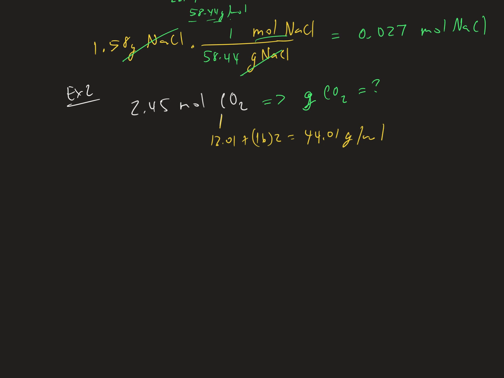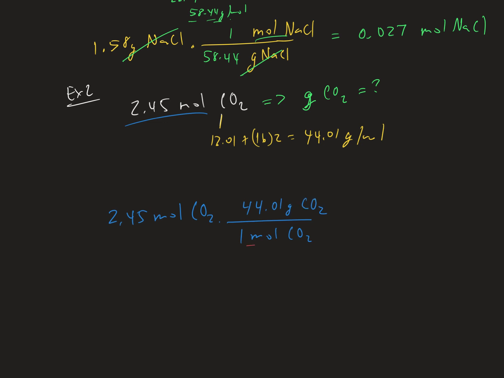So now I'm going to start with what I have been given, 2.45 moles of carbon dioxide. Do I want moles in my answer? No, so where does it go? 1 mole of carbon dioxide has a mass of 44.01 grams.